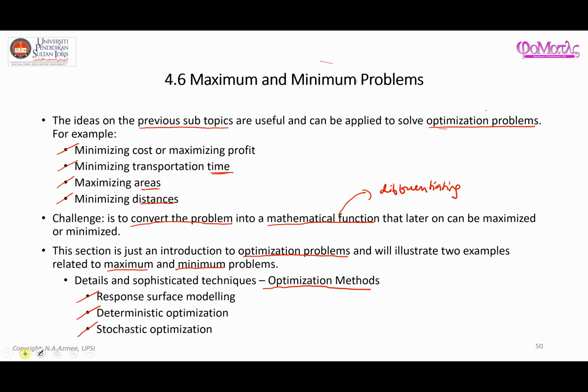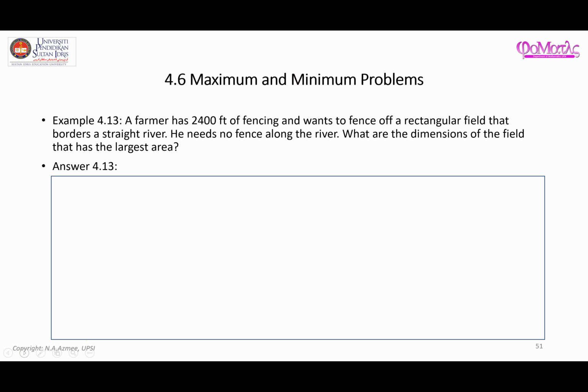Okay, right. Let us look at the first example here. A farmer has 2,400 feet of fencing and wants to fence off a rectangular field that borders a straight river. So based on this first sentence, you can sort of imagine that he has 2,400 feet of fencing available and wants to fence off a rectangular area that borders a straight river.